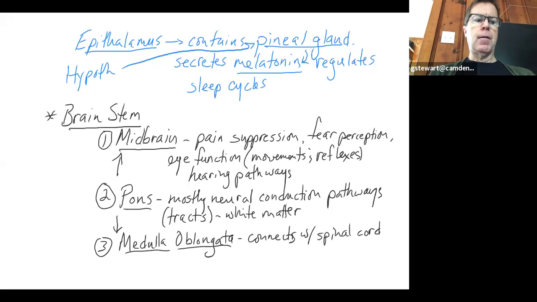Also in the medulla, this is an area I'm going to highlight, this is an area of crossover. What that means is, remember before when we were talking about the cerebral hemispheres, we said the left cerebral hemisphere generally controls the right side of the body and vice versa.